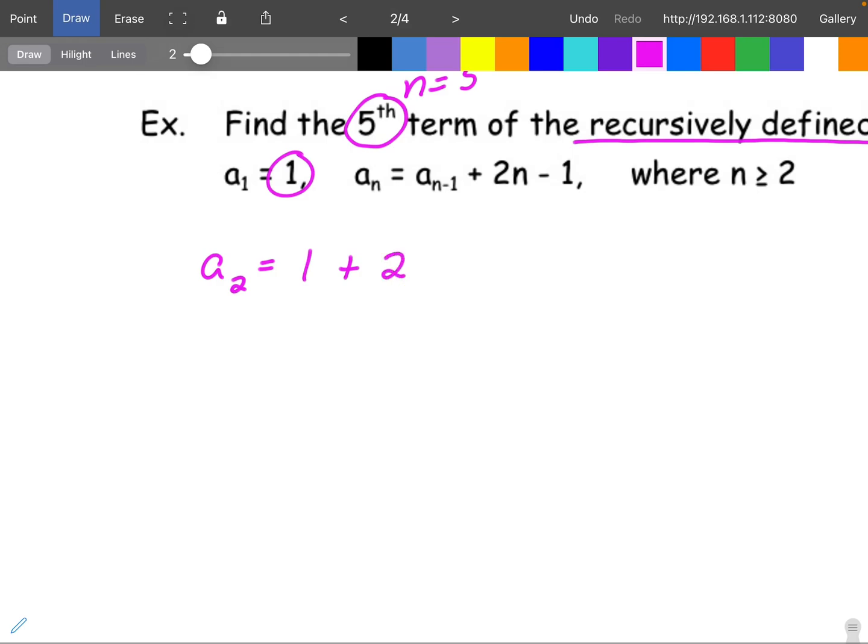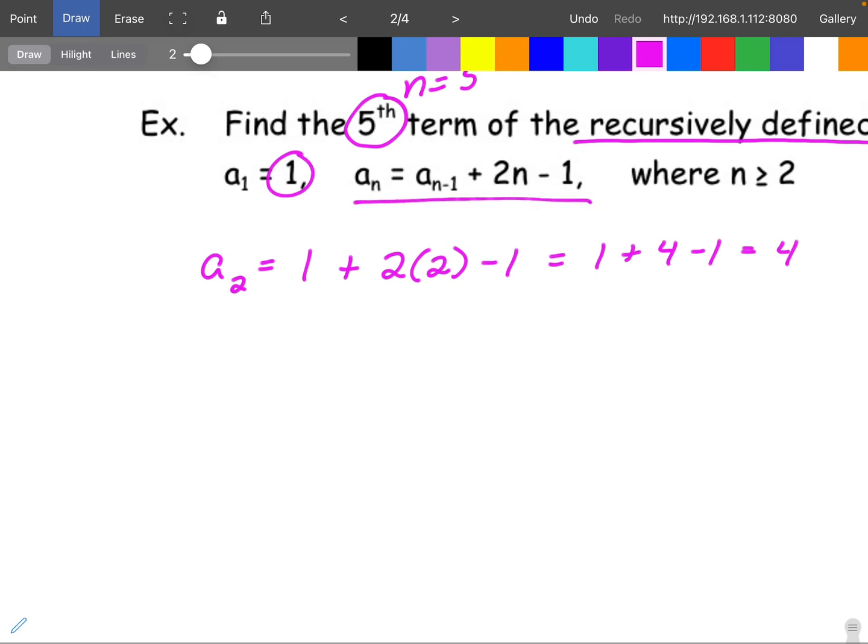Then plus 2 times n. Well, since I'm looking for the second term, that means n is 2. And then minus 1. So then I'm going to simply do all that math. So I have 1 plus 4 minus 1, and that would just equal 4. So my second term, a sub 2, is 4.